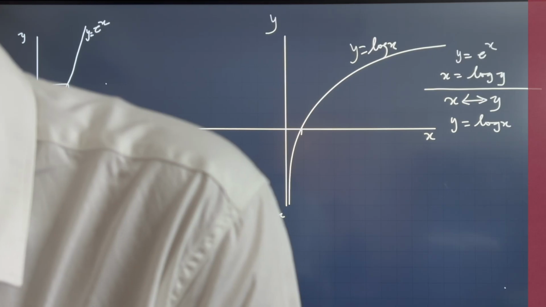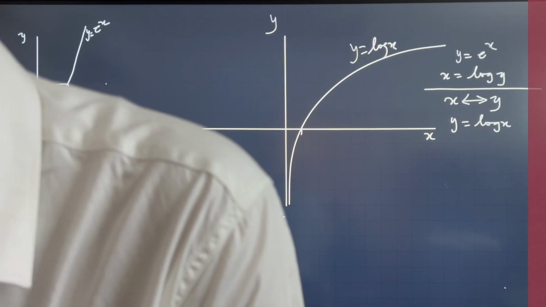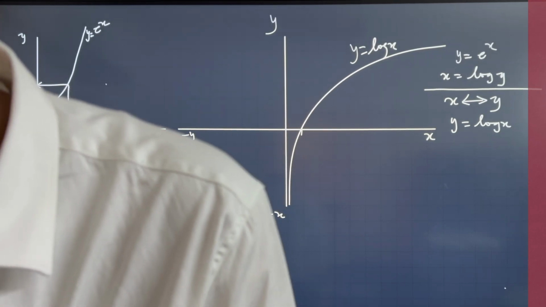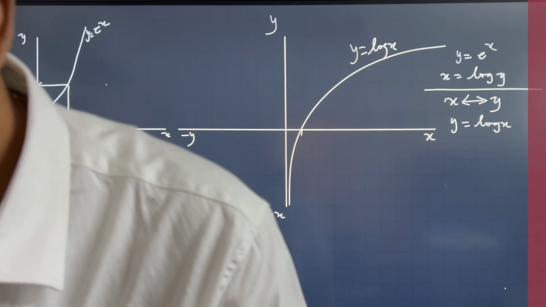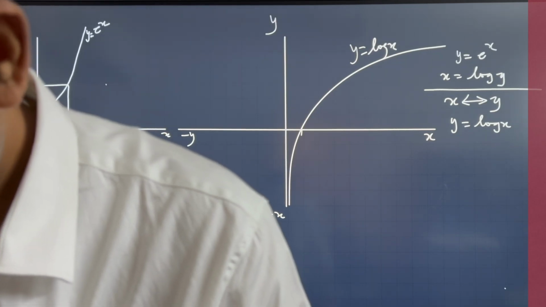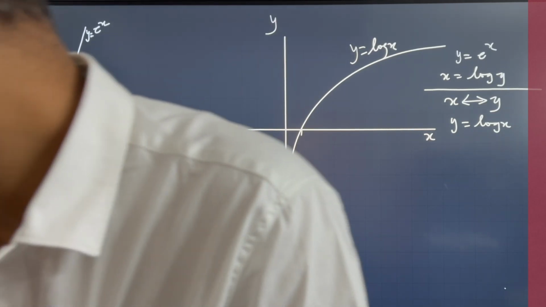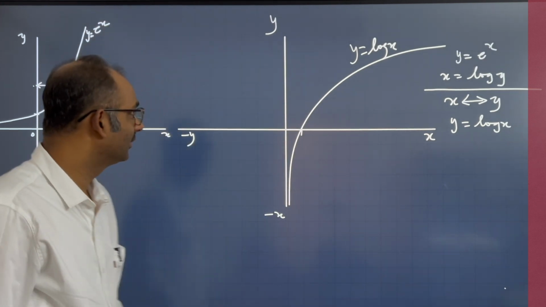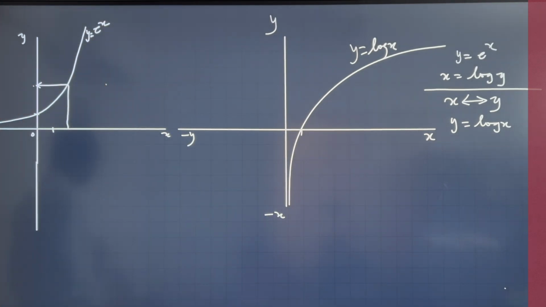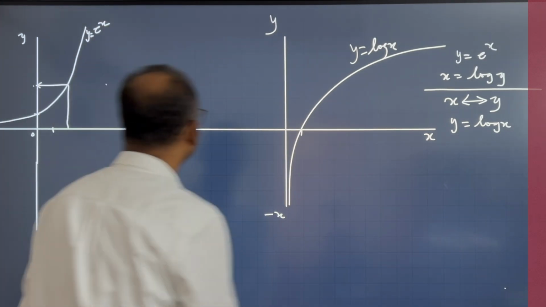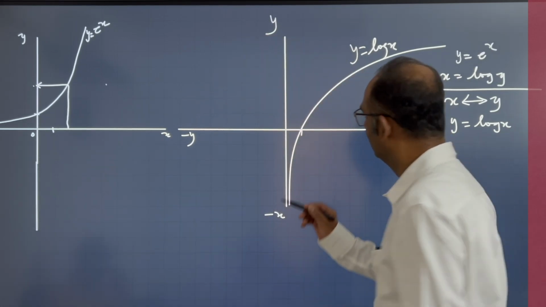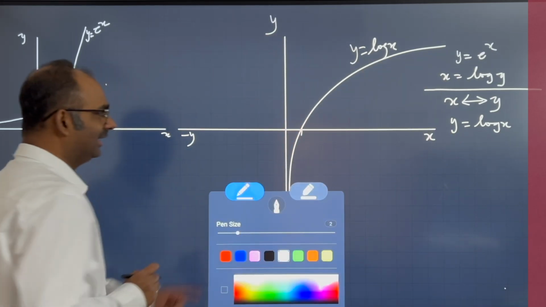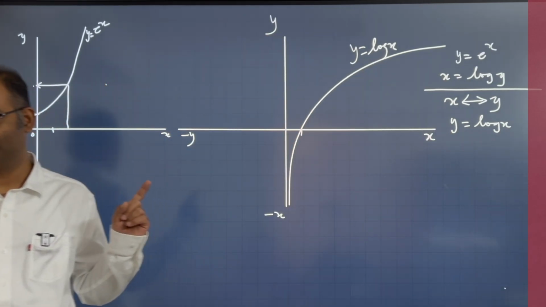Okay. That's good to know that it's the same shape. Now, if it is the same shape, then you might think about this. Let's go back. Let me draw e to the x also on the same graph.